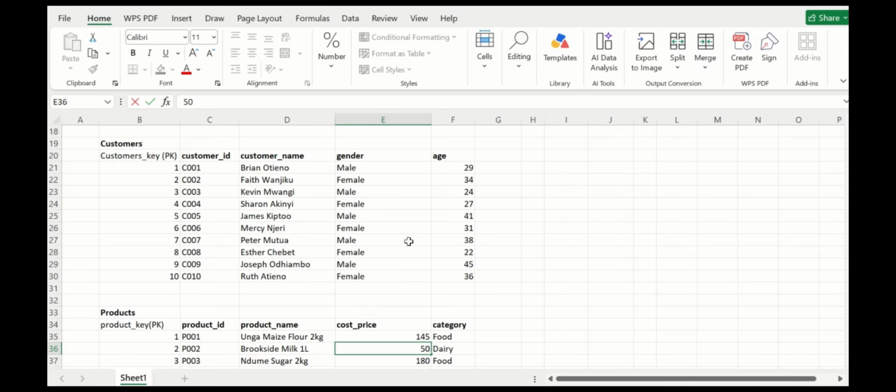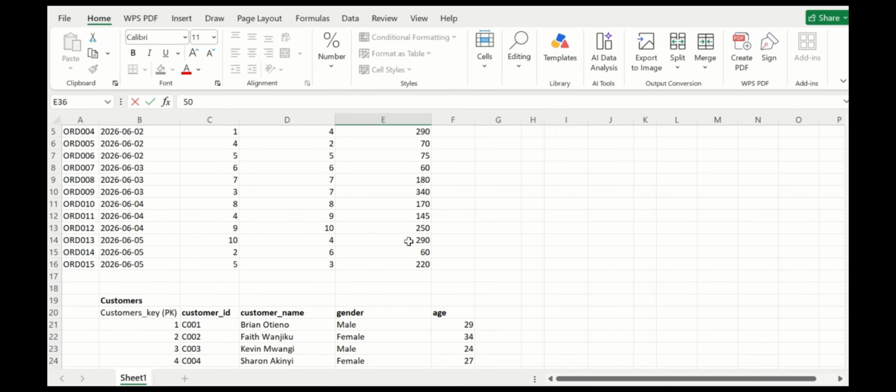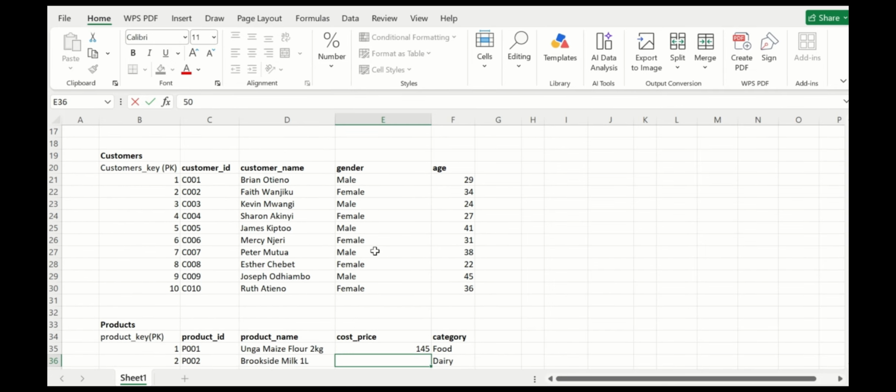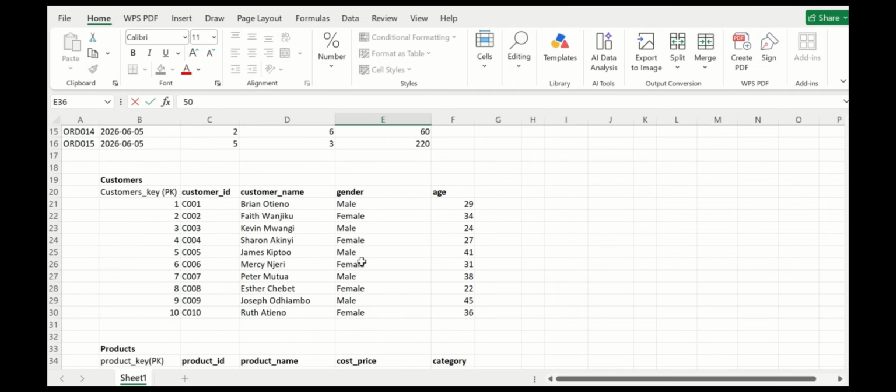But there's still a problem that we also need to break down. For example, here in the gender column, you can see there's a redundancy. So we can further break this customers table into another smaller table.